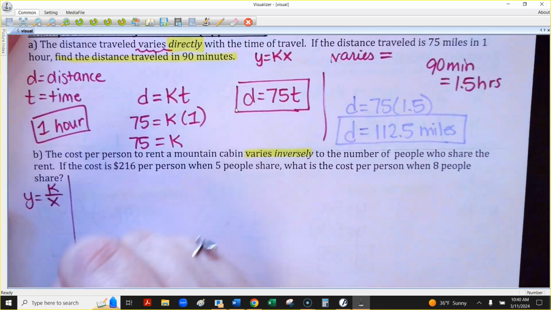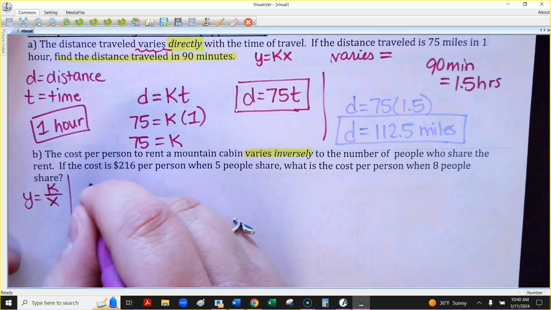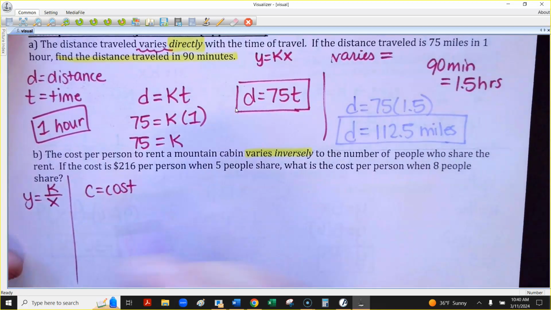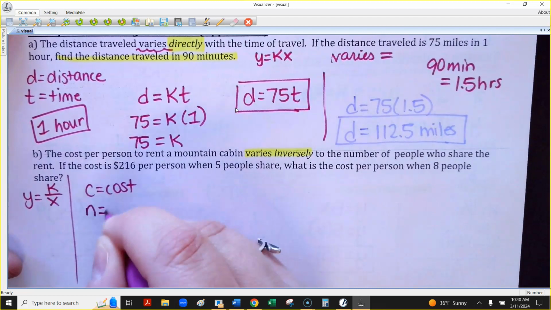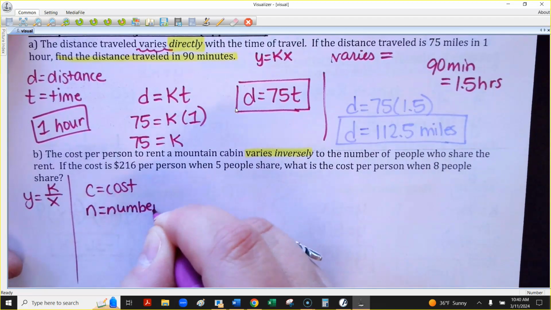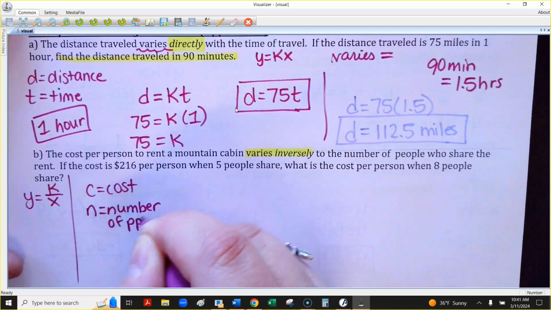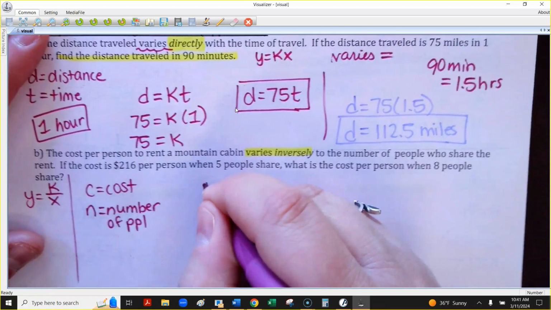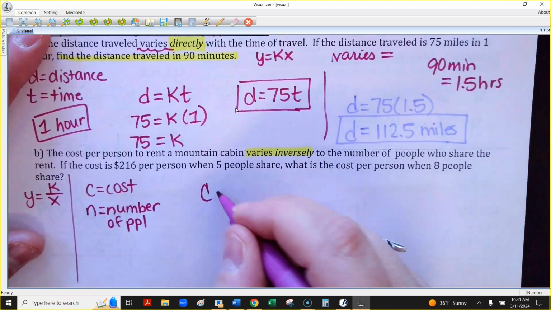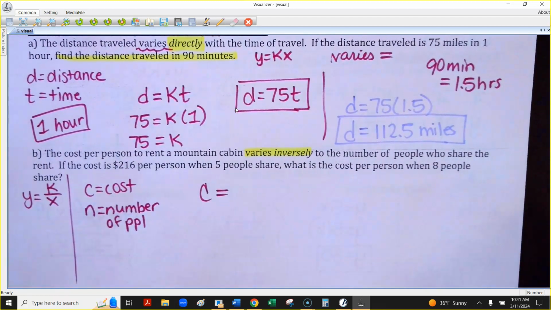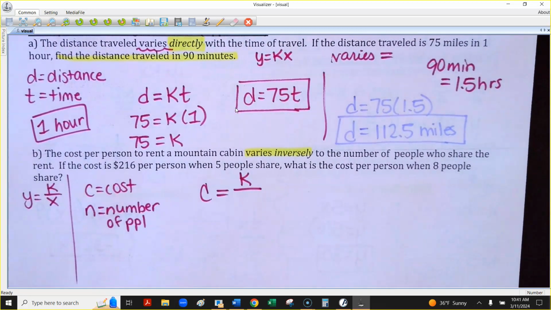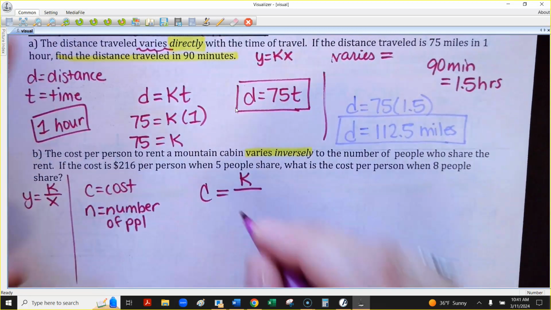So in this particular one, let's do C for cost and N for number of people. My cost varies, so that's going to be an equal sign. In an inverse relationship, you have your constant of variation, k, over your other variable, which is the number of people.